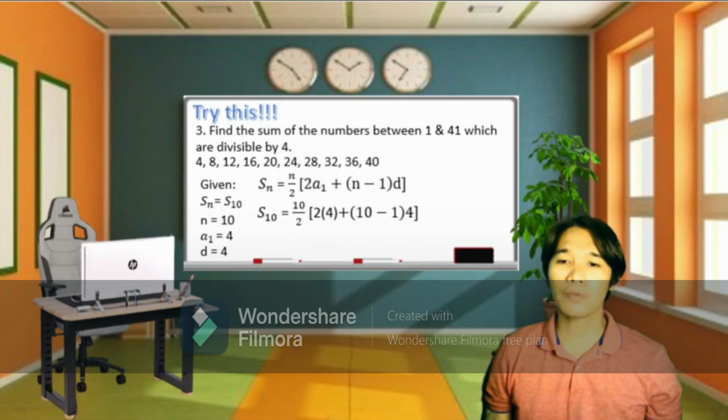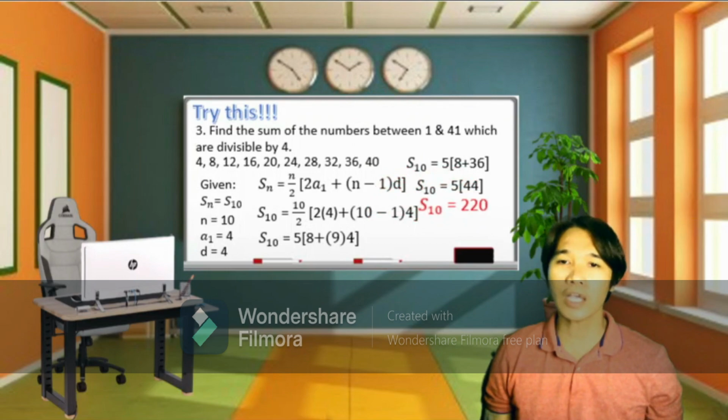We subtract first and then multiply the numbers inside the parentheses. 10 minus 1 is 9, 2 times 4 is 8, then 10 divided by 2 is 5. Then we have 8 plus 9 times 4. So 9 times 4 is 36, plus 8, so we have 44 times 5. So the sum of the first 10 terms between 1 and 41 that are divisible by 4 is 220.